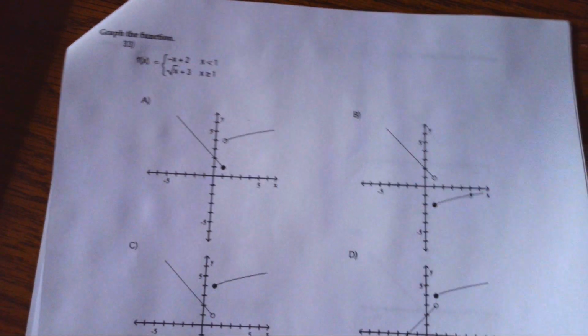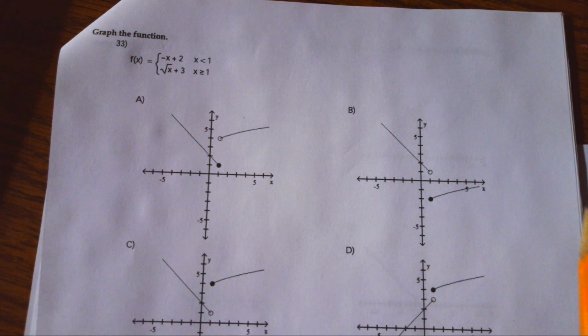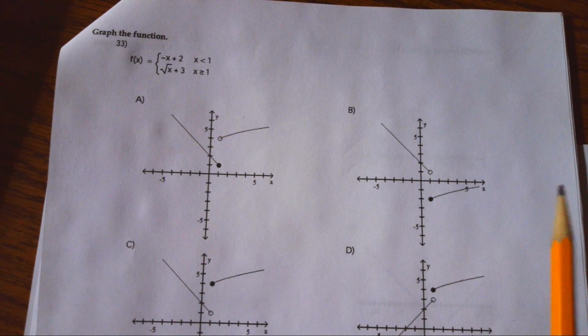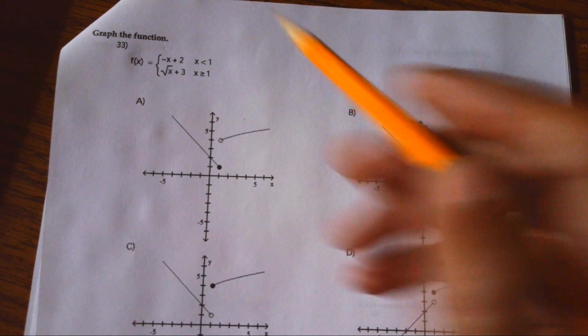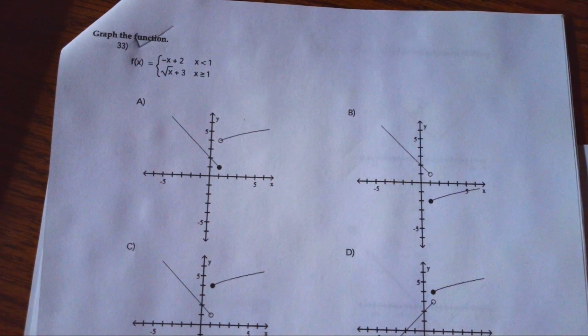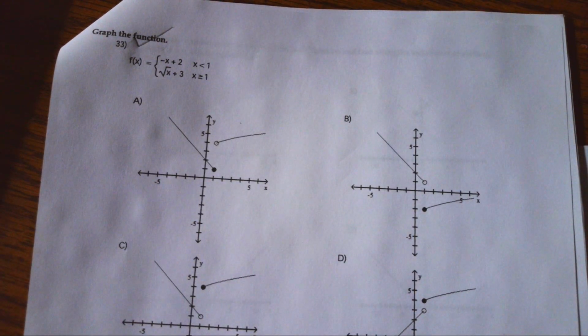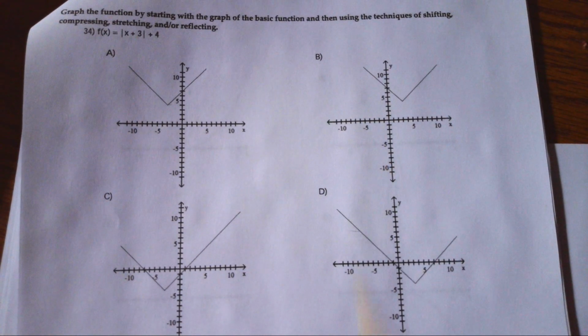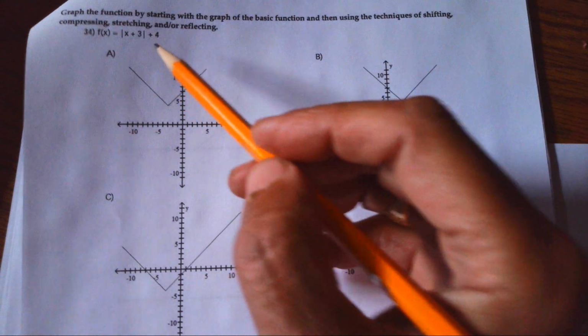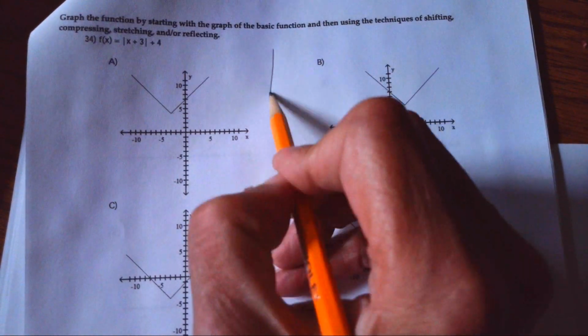33, I probably will graph that. I'll do that separately using my calculator. I'll just mark that down, 33. I'll do it on my calculator, but you know what the basic absolute value function looks like.